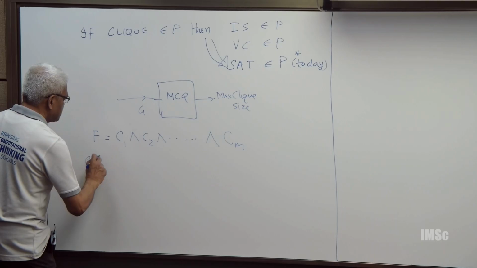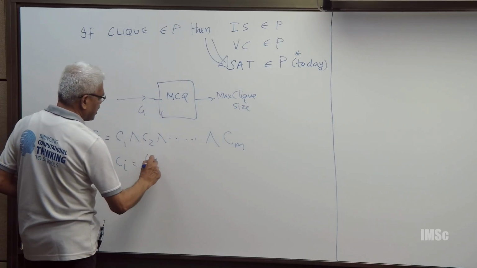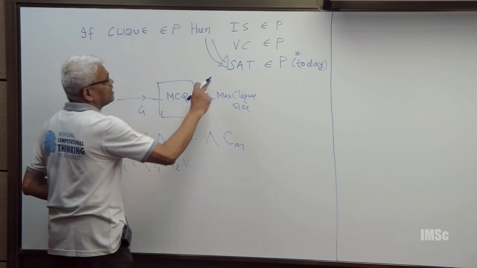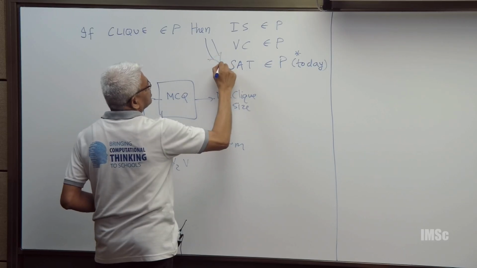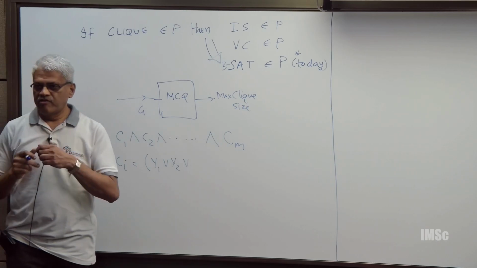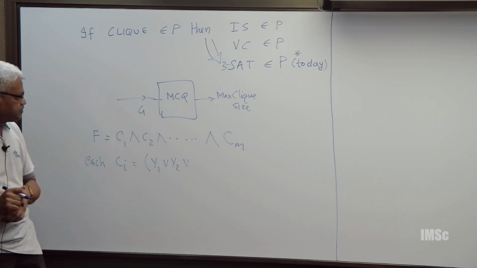And each C_i is looking like some y1 or y2, or let's even make life simpler and say I am going to prove this for 3-SAT, which means a formula where every clause has exactly 3 variables.